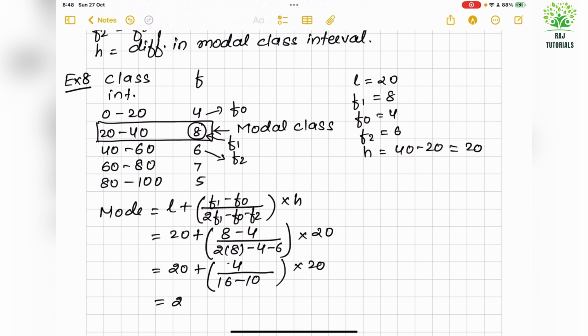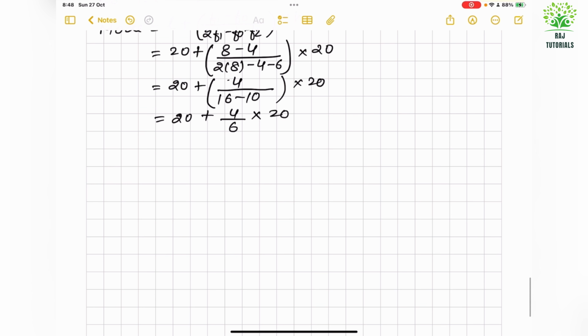So this will come as 20 plus 4 upon 6 into 20. So if I cut 4, 2 2s are and 2 3s are. So this becomes 20 plus 40 by 3. So if I divide 40 by 3, so I will get 13.33. So my mode will be 33.33. Oh sorry, 33.33.